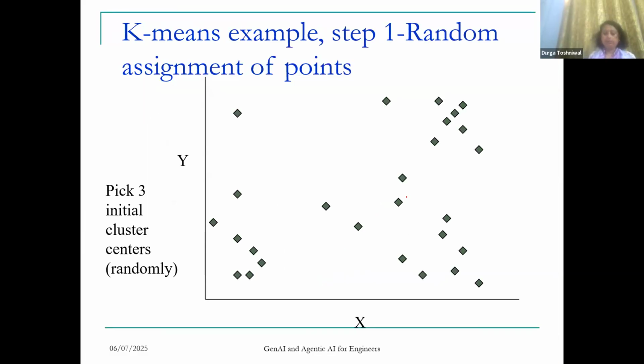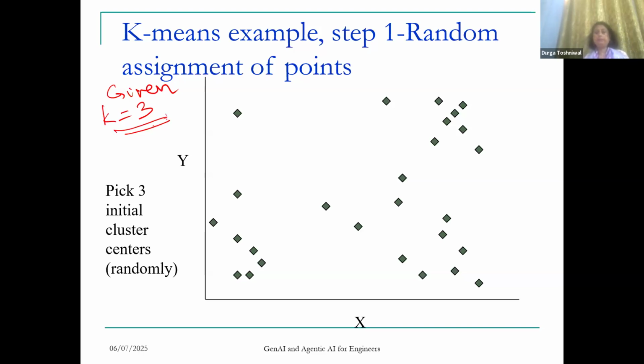So then let's have a look in more detail. We have another set of points, all of them shown in the green color. And let's say we are given the value of k equal to 3 right from the beginning. In other words, we have to form 3 clusters.